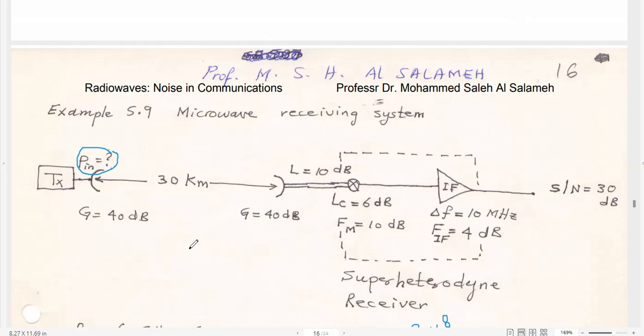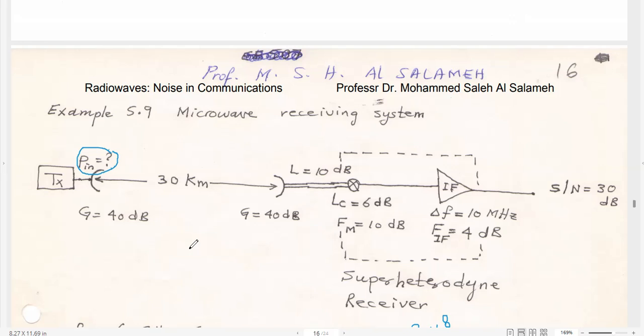So we have here the transmitter. The gain is 40 dB. We said the distance is 30 kilometers, and the transmission line is 10 dB. The conversion loss of the mixer is 6 dB, and the noise figure is 10 dB.